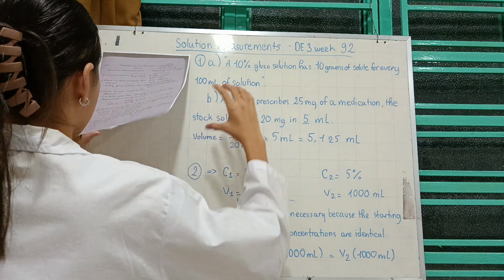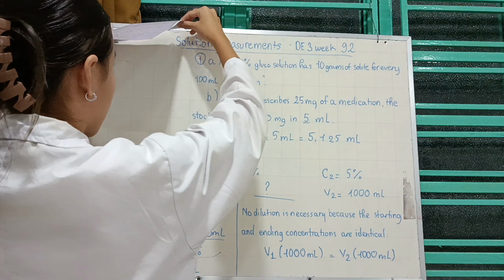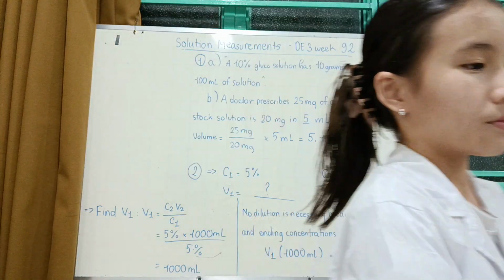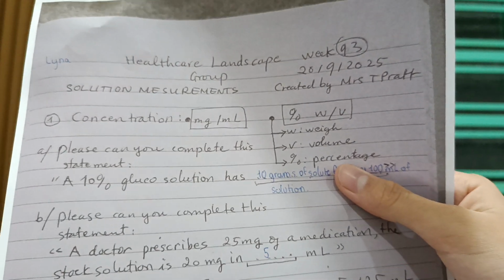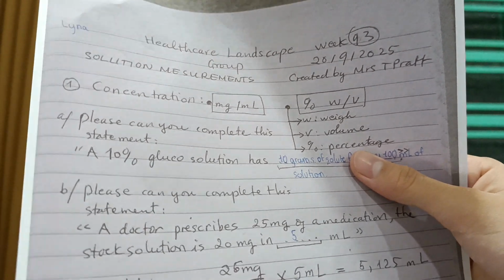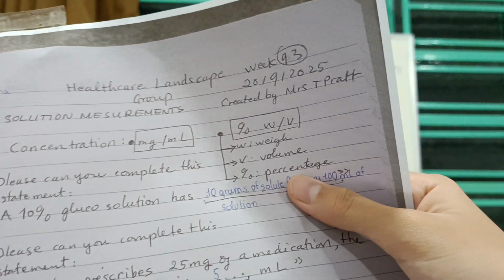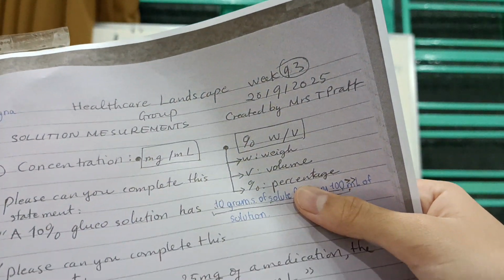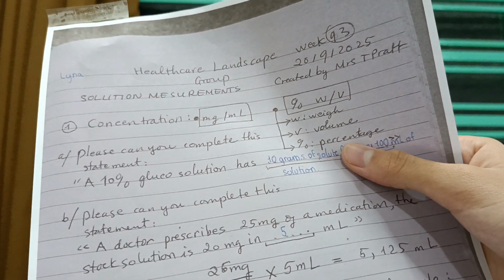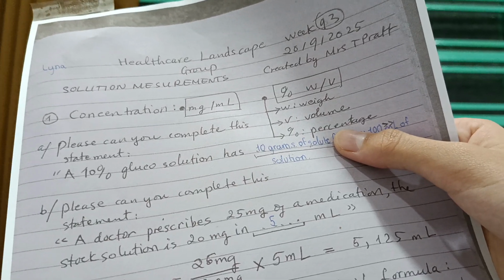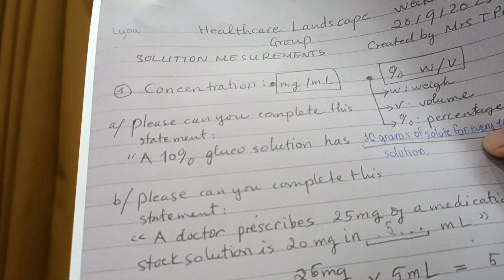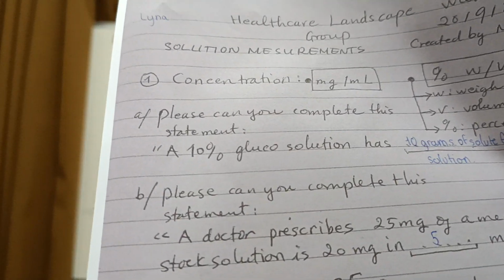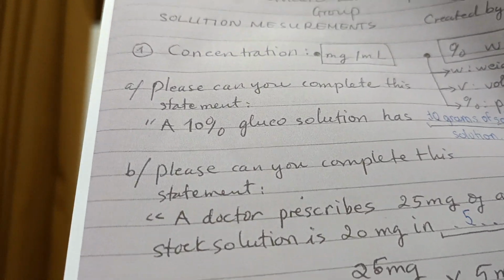So let's start first with A. This is the first problem. Concentration is milligram divided by milliliters, and there's this formula here: percentage times weight divided by volume. Can you complete the statement?